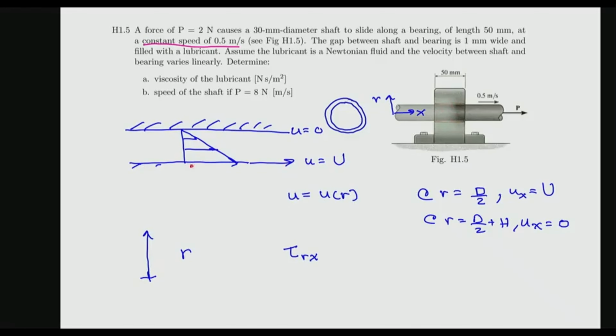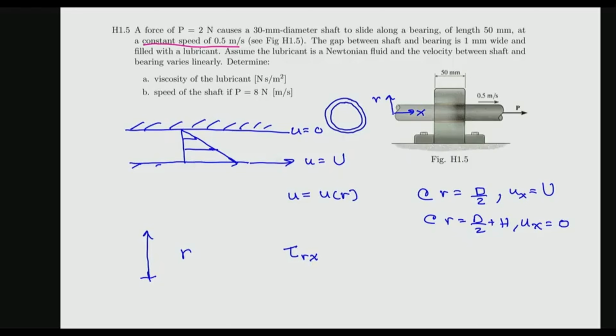The area here at this location would be the cylinder with diameter d over 2, and then the length 50 millimeter. The outward normal of that surface is in the r direction, and then the shear stress corresponding force acts in the x direction.